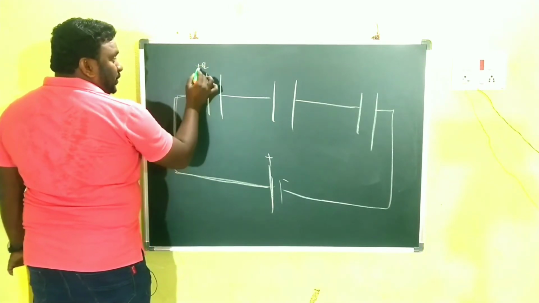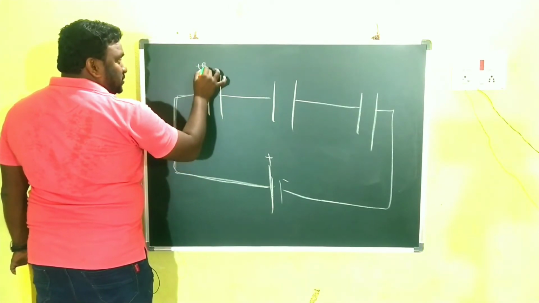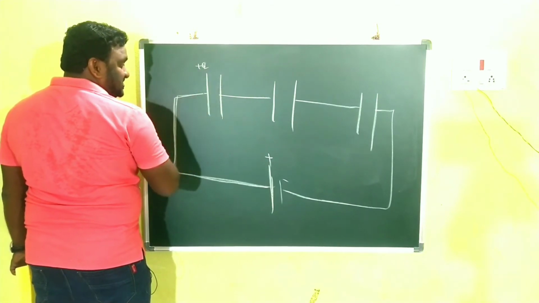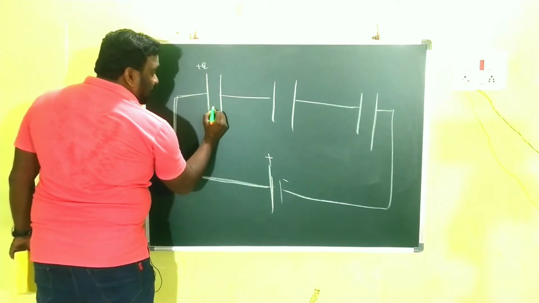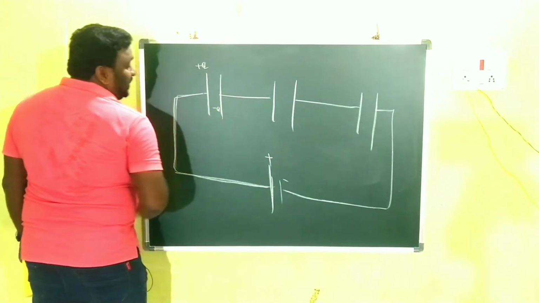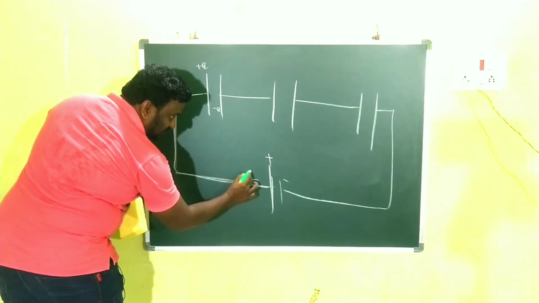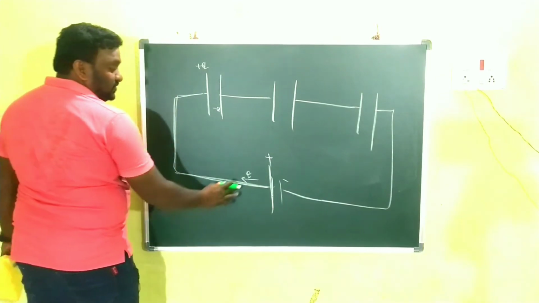Clear? Due to this, plus Q charge is available on the first plate of the first capacitor. Due to that, some negative charge is induced. The positive charge will be sent like this. Plus Q.